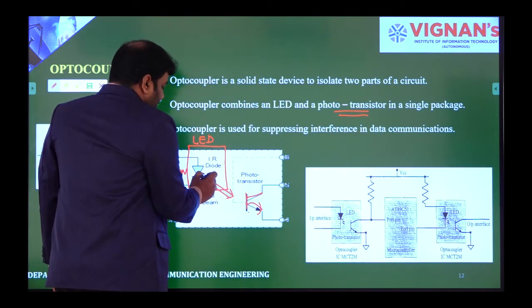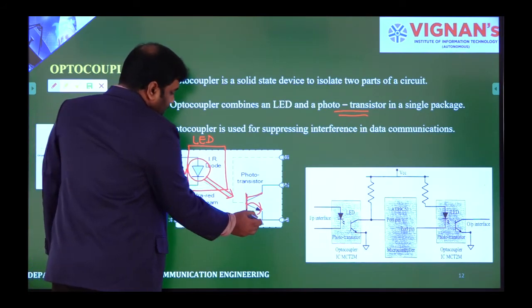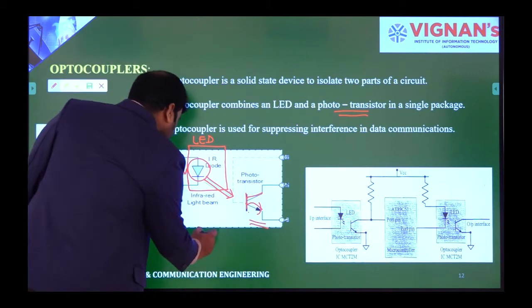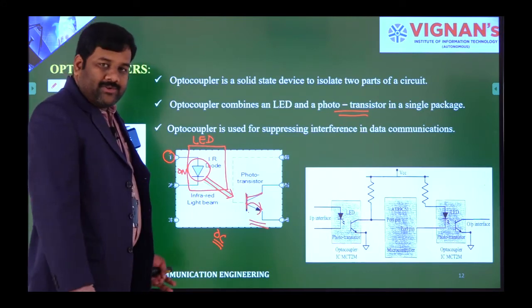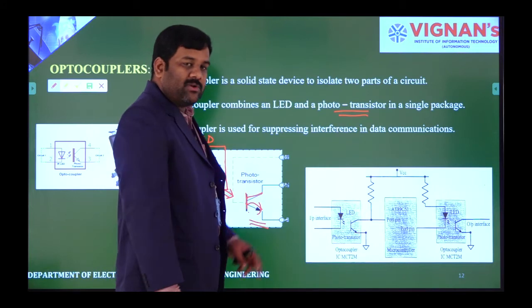Based on the light emitted by this diode, this transistor operates. This entirely is what we call an optocoupler. Traditionally we use these optocoupler circuits in between any two circuits.